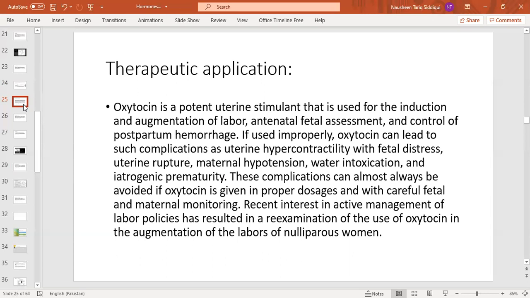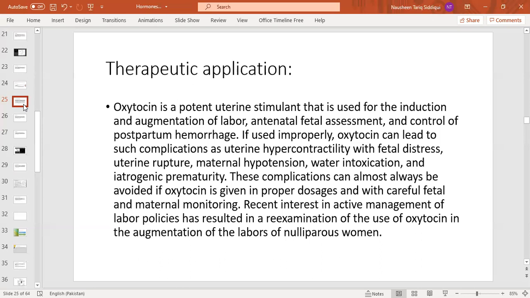These complications can almost always be avoided if oxytocin is given in proper dosage and with careful fetal and maternal monitoring.